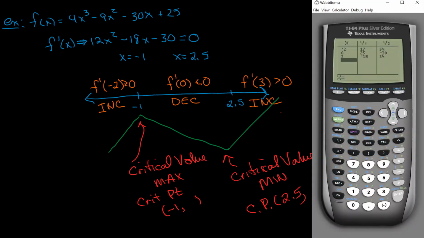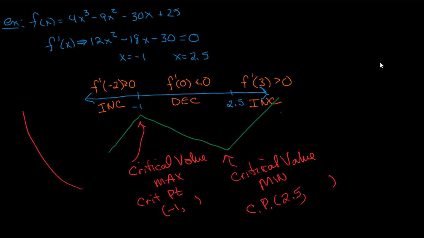To get the critical points, I need to know what the y value is when, for example, x is -1. So I'm going to pop in -1 here. I'm going to press enter. And notice this time I'm not looking for the slope, but notice what the slope is. The slope is 0. This should not be a surprise because remember, we solved our slope equation, this equation right here, equal to 0.